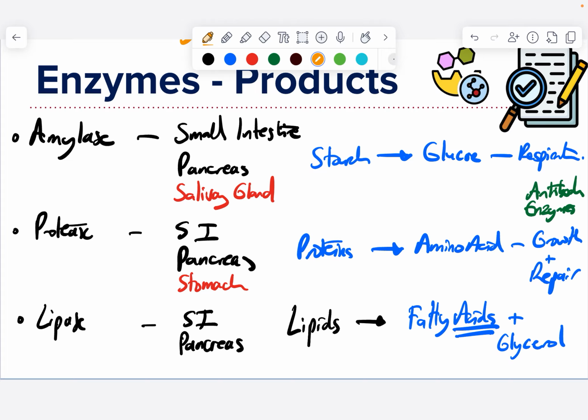Bile is not an enzyme, but bile very much is essential for the digestion of lipids as well. Because as we said earlier, not only does it neutralise stomach acid, but it physically breaks down or emulsifies these lipid globules into tiny little globules to increase the surface area.